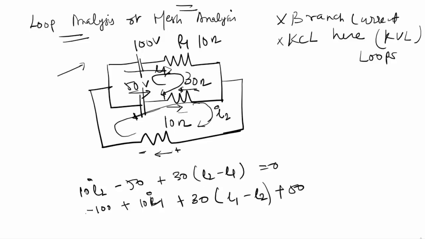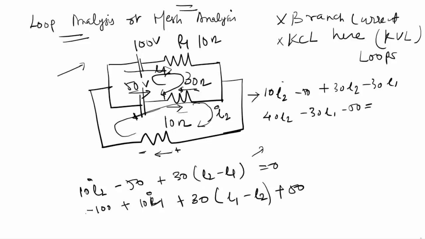If I simplify this equation, I will get 10 I2 minus 50 plus 30 I2 minus 30 I1. You can take these together, so you will get 40 I2 minus 30 I1 minus 50 is equal to 0. This becomes my first equation.